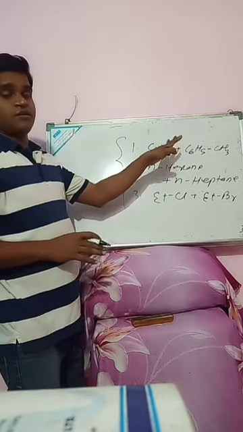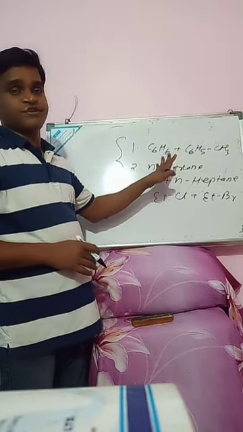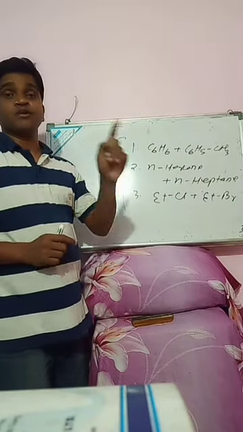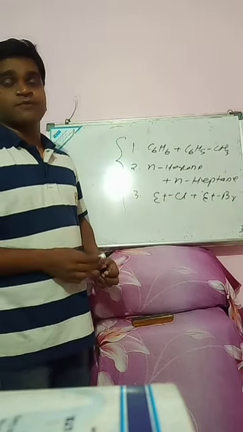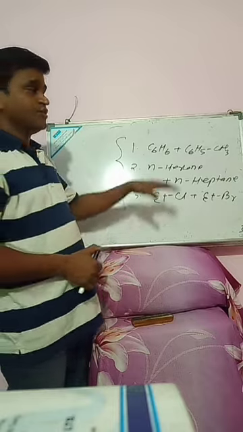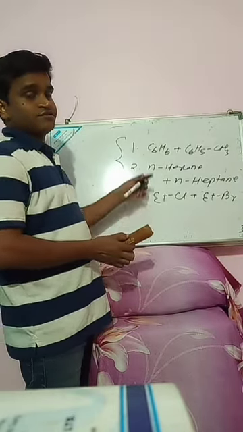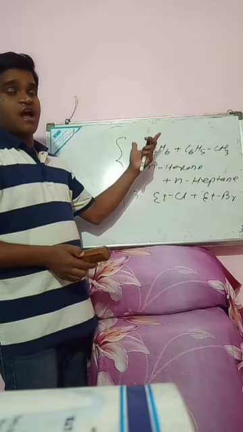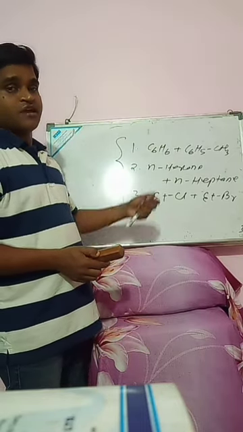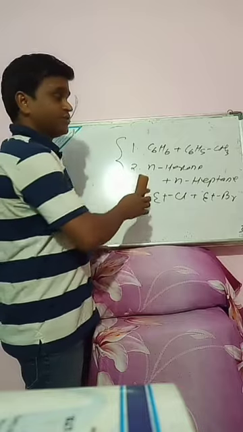These are some solutions which tend towards ideal at a particular condition. What is the condition? At very dilute condition, these solutions tend towards ideal, or these solutions behave as ideal at a particular condition, that is at very dilute condition.